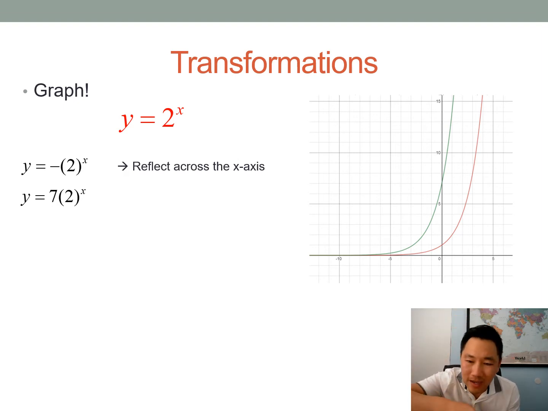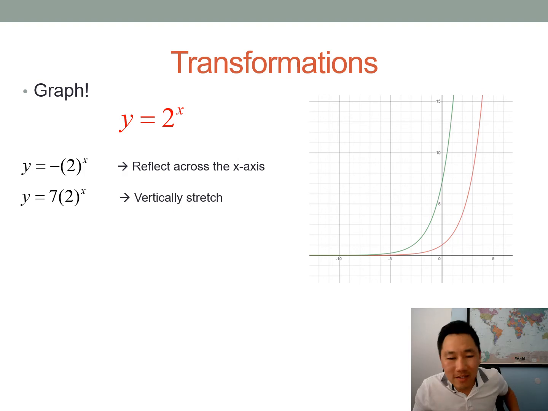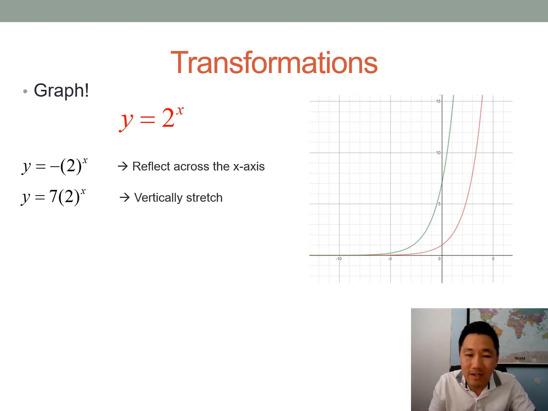So if you took the red line and you stretched it vertically, you actually have the green line. All right, so when you add a coefficient that's bigger than 1 in the front, you actually stretch it by a factor of 7.